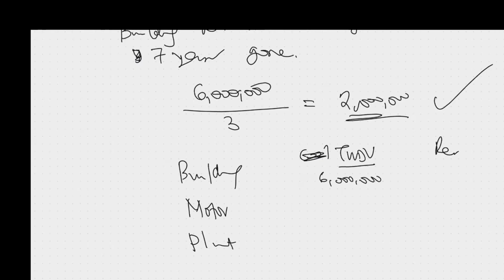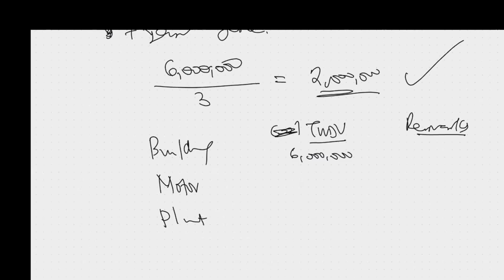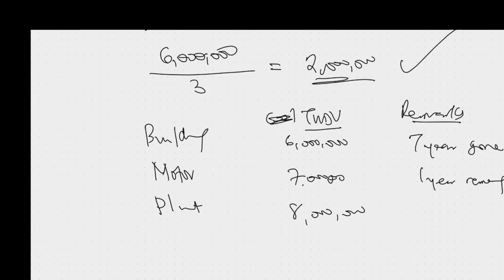So in this one, they say 7 years gone. This one, they put 7 million. They say 1 year remaining. They give you value of this one. They say 3 years unexpired.